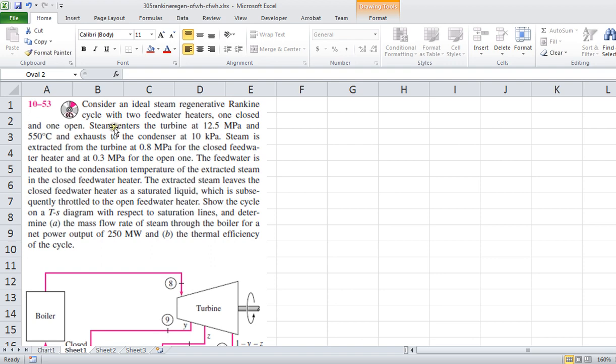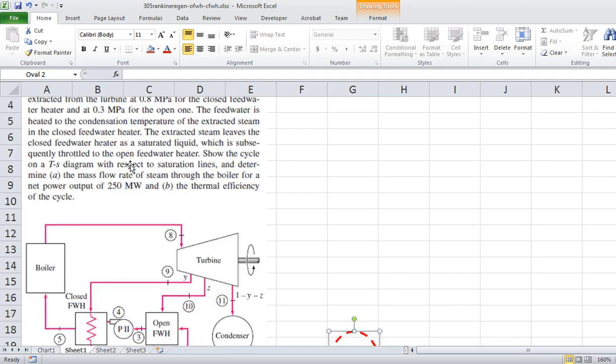He says that it has steam supplied to the turbine at 12,500 kPa and 550 degrees C. The condenser pressure is at 10 kPa, and there are 2 extraction pressures, one at 800 kPa, the second one at 300 kPa.